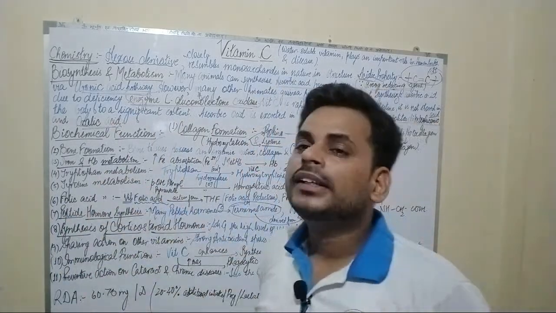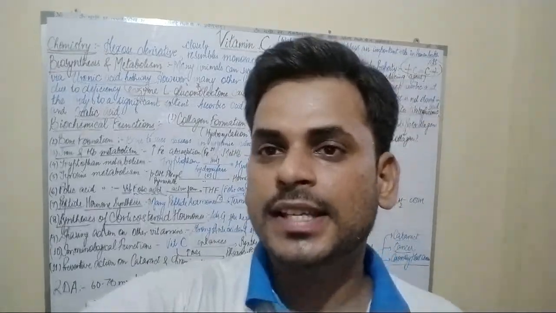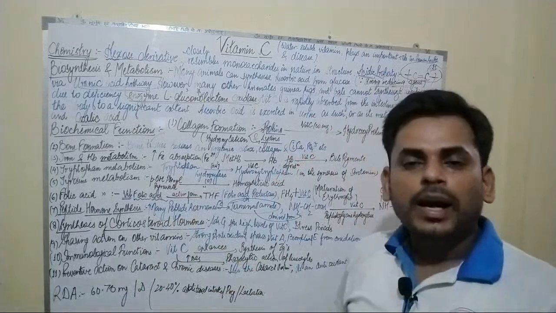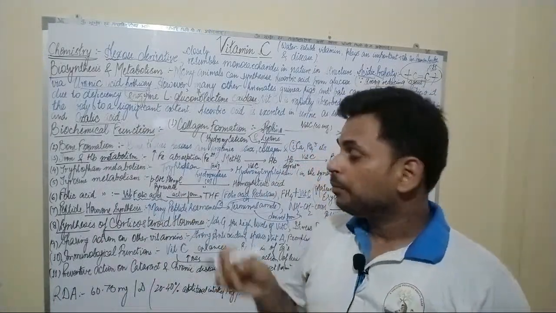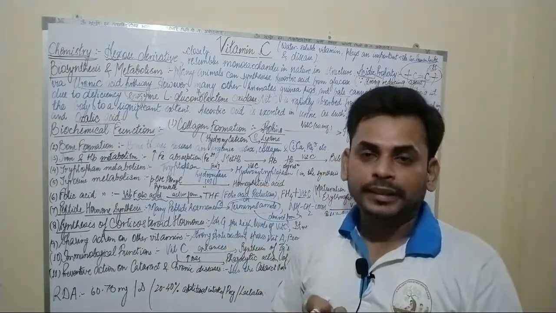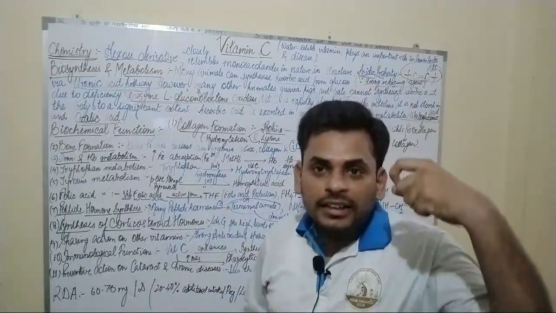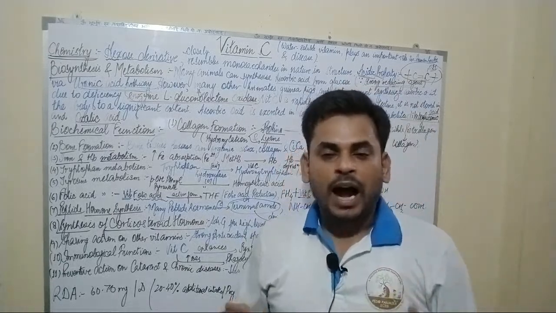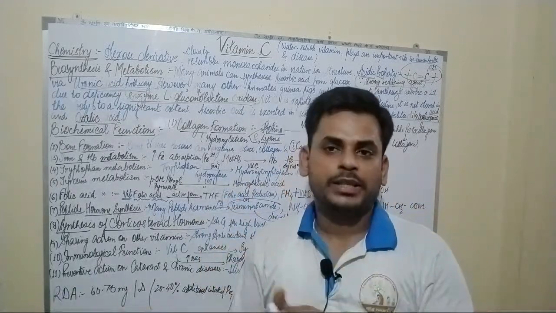Moving on to iron and hemoglobin metabolism. Students, the fact I need to emphasize is that if vitamin C is taken in the diet in a good form, its basic role in iron metabolism is that it enhances the absorption of dietary iron. How? By keeping the iron in the ferrous form.